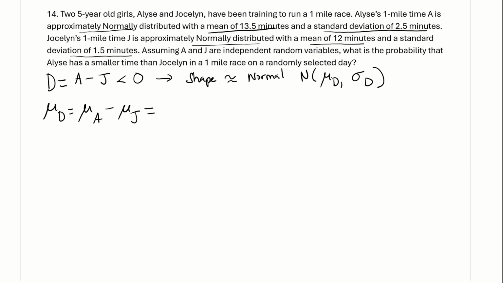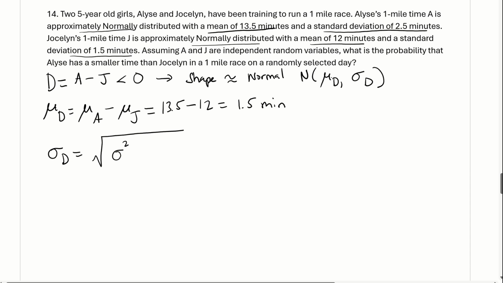And then we know that the mean time for Elise is 13.5 minutes. And then the mean time for Jocelyn is 12 minutes because they told us those 2 things. And so we see that it's 1.5 minutes for the difference. Okay, so now we can do the standard deviation of that difference. Remember, the standard deviation follows the Pythagorean sum rule.